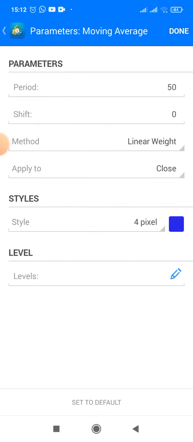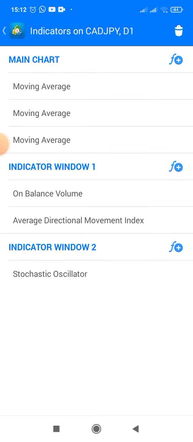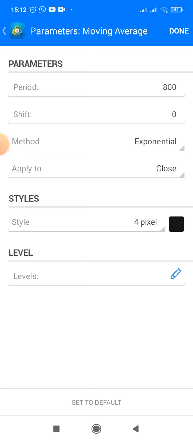Our second moving average is 50. Shift is 0. Method is linear, apply to close. Then you press done. Then we go to the third moving average, which is 800. Shift is 0. Method is exponential, apply to close. Then for color, you can pick black.